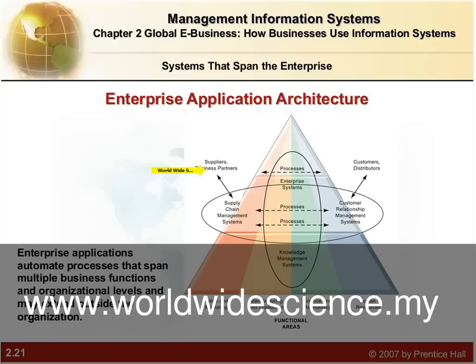And here we have enterprise systems such as ERP, supply chain management, knowledge management, and CRM or customer relationship management systems. And also we have outsiders like supplier and customer, all involved in this enterprise application architecture.